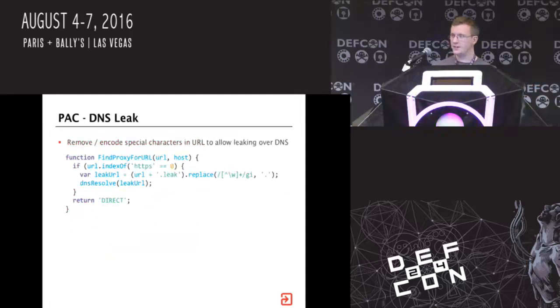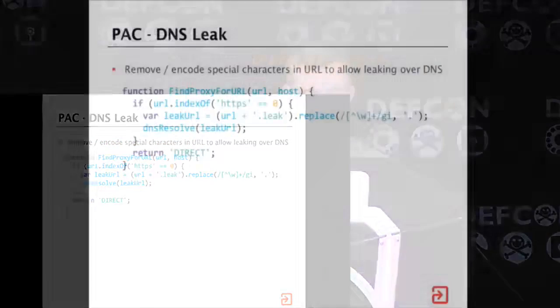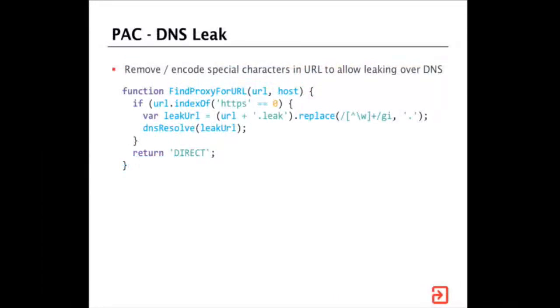Putting it all together, here is our very simple malicious PAC script. It takes the URL and checks if it's HTTPS and therefore potentially sensitive. It then appends .leak onto the end. In this case, .leak is a domain that's controlled by the attacker. Then it replaces all the special characters with a dot.